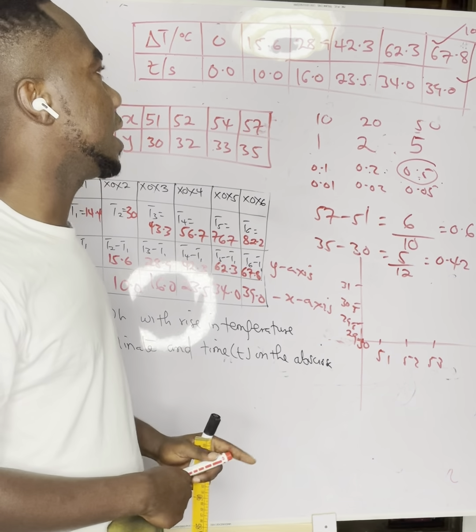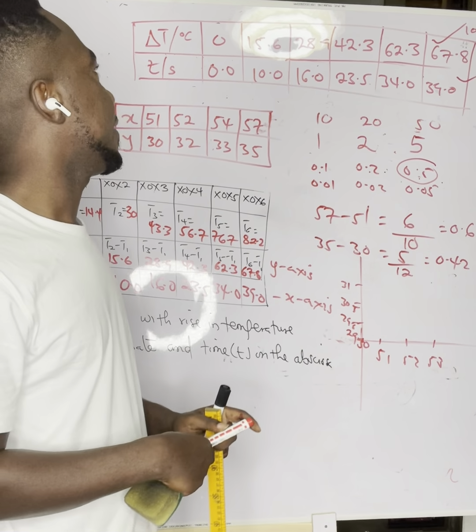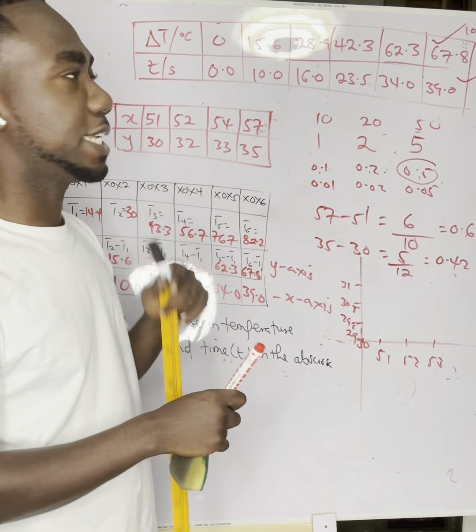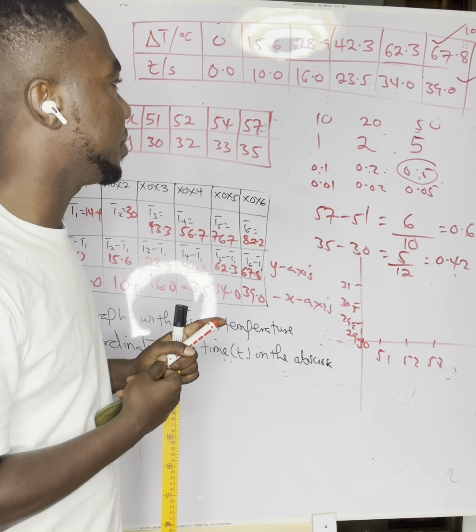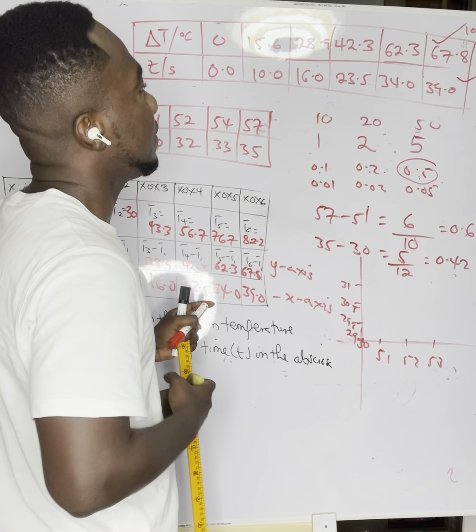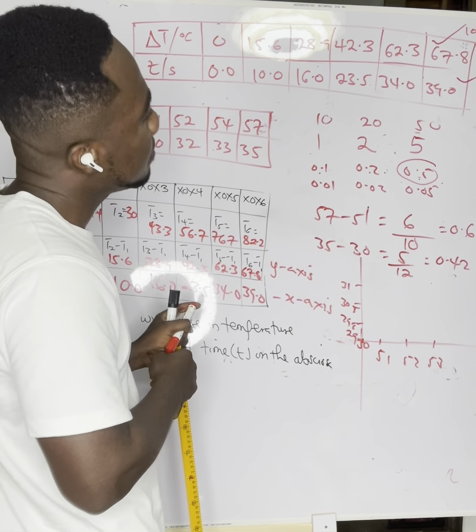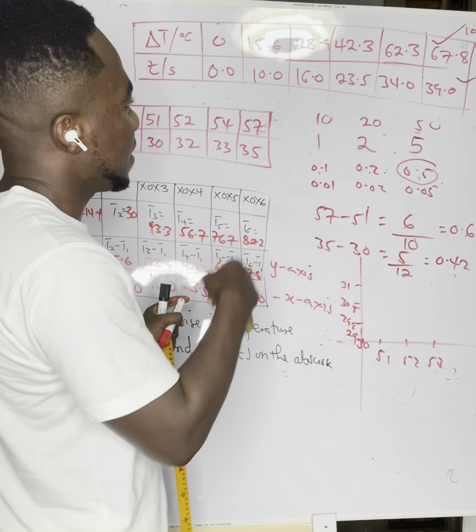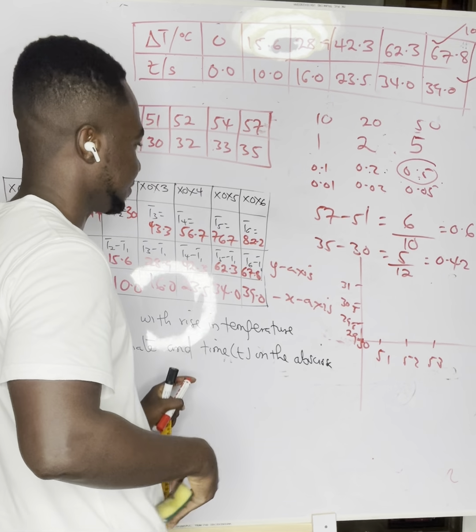Okay. So now let's look at our main question where we're plotting the differential in temperature against time t. The differential in temperature, we're using interval of 10, and the time in seconds, we are using interval of 5.